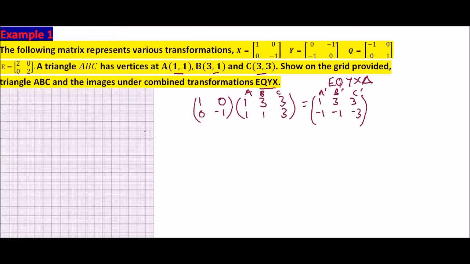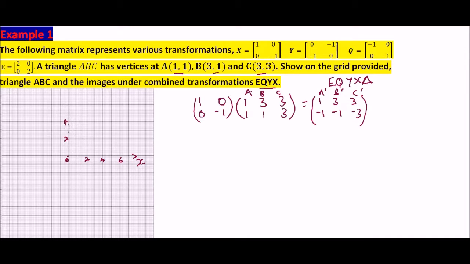So let's start with the triangle first. That is our object, and we label our axes. So this is 2, this is 4, this is 6. So this is our x-axis. Of course, this is 0.